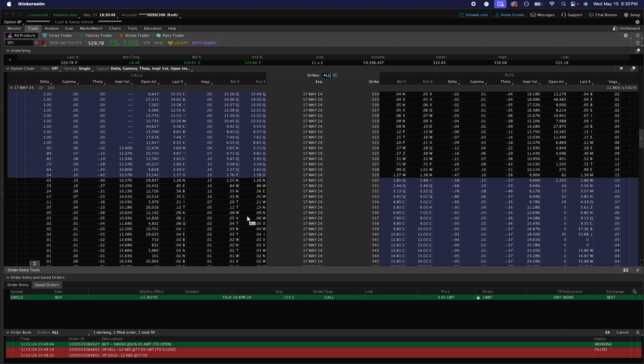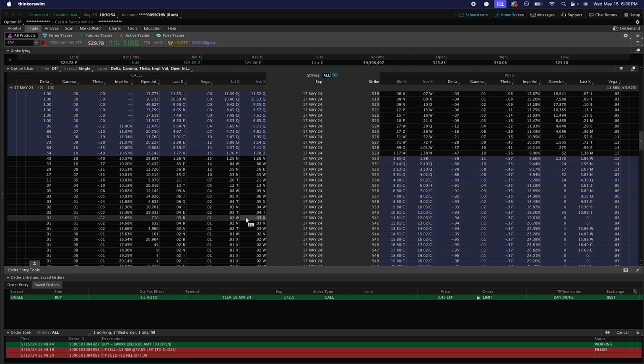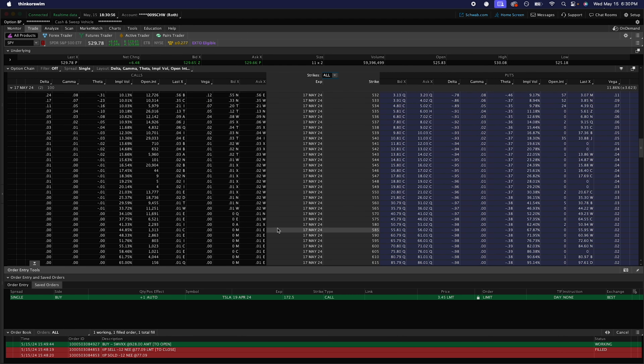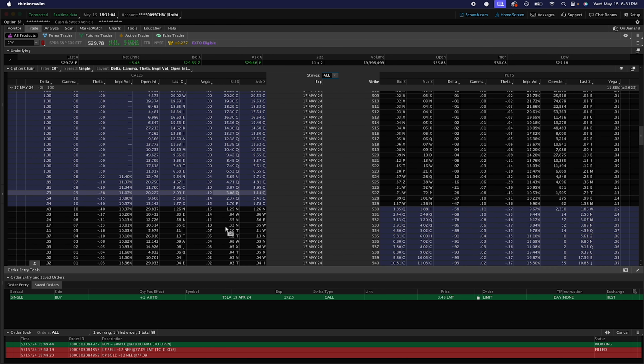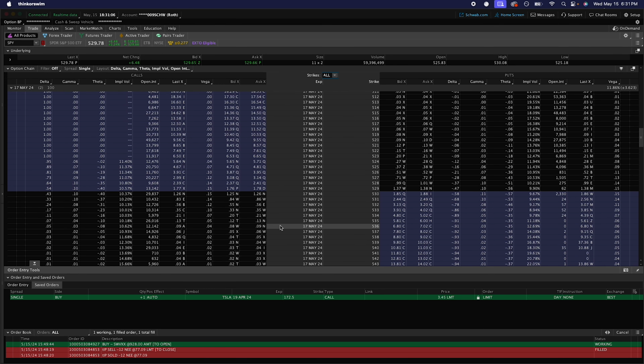Sure, if you're gonna do LEAPS and stuff and you anticipate it going there, but you run into things like this, where theta is like nothing on these contracts, but the issue is when the stock is moving in your favor, you're basically getting nothing, as opposed to if, let's say, you were to swing. Let me go back to the chart real quick.